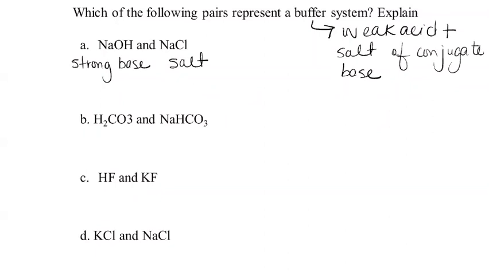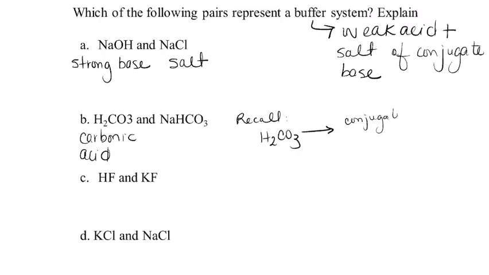In the second pair, we have carbonic acid, and then we have sodium hydrogen carbonate. So if we go back into our knowledge of acids and bases, if we have H2CO3, the conjugate base of it is when we take one hydrogen out.